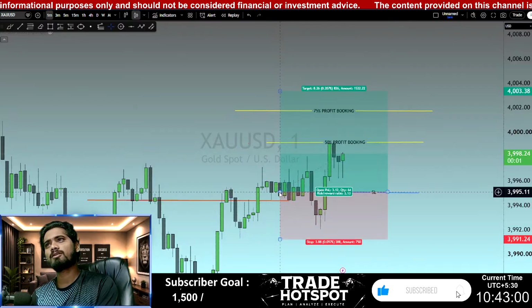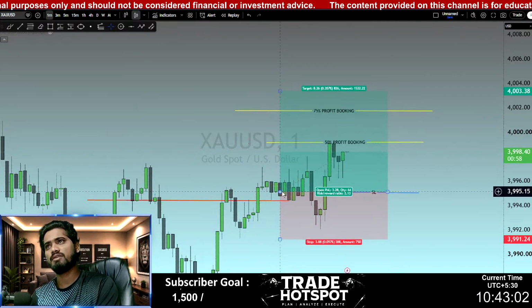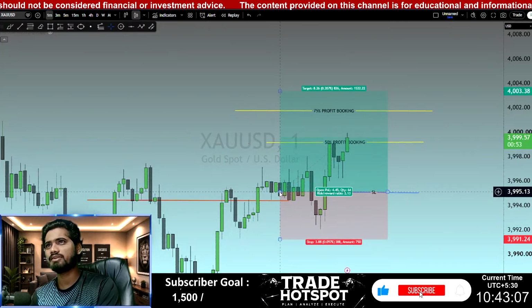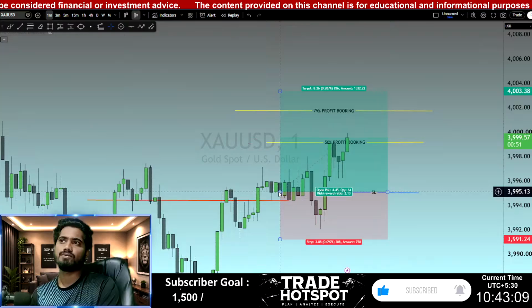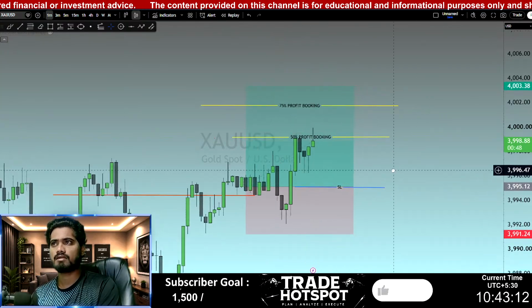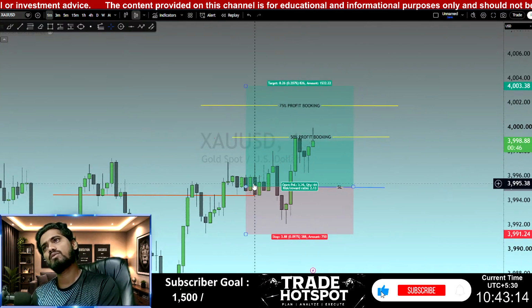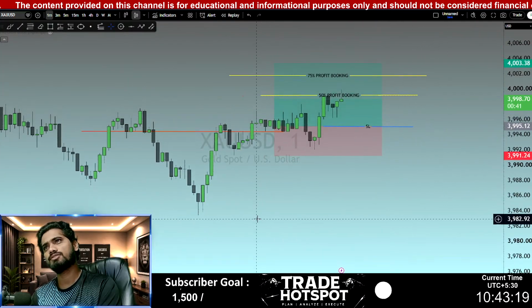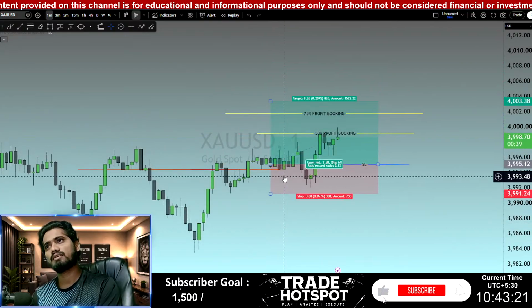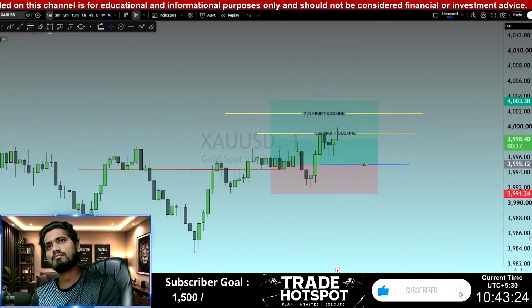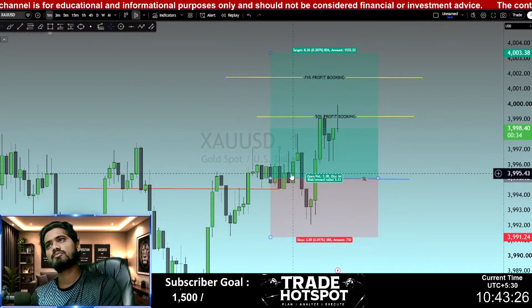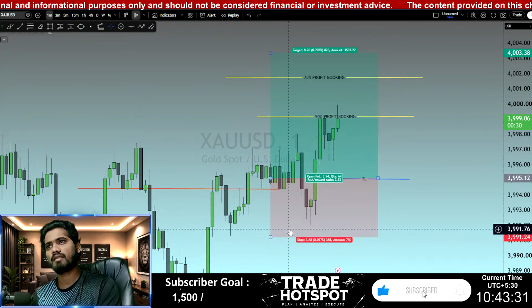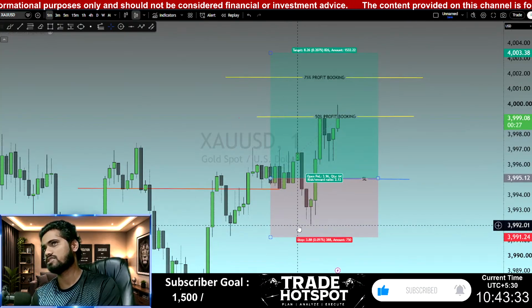I entered with a small quantity here. I'm trying to ignore this trade, but I entered a very small quantity in this trade. This is under scalp. I was trying to close this trade, and initially I tried to keep my stop loss here, but after that I thought, instead of coming out, we can book our 50% profit and keep a very small stop loss in this trade.